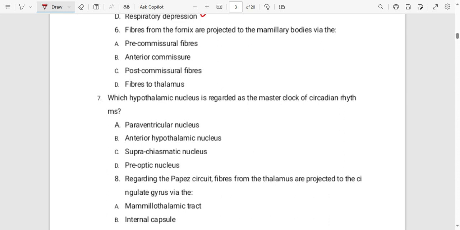Okay. All right. So let's describe it a bit. You know the fornix. Let's see if we can draw it.